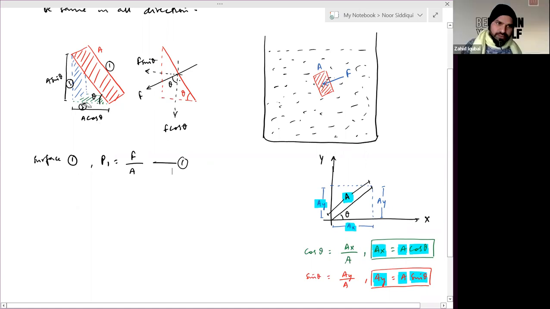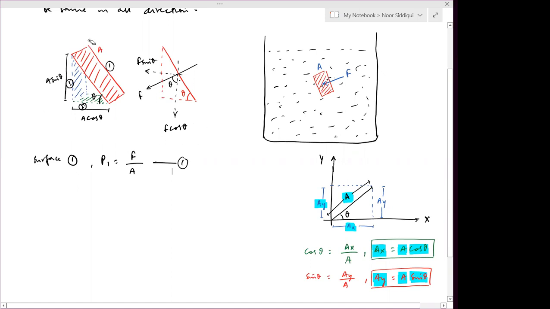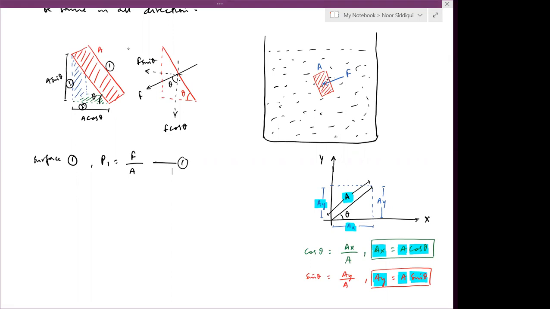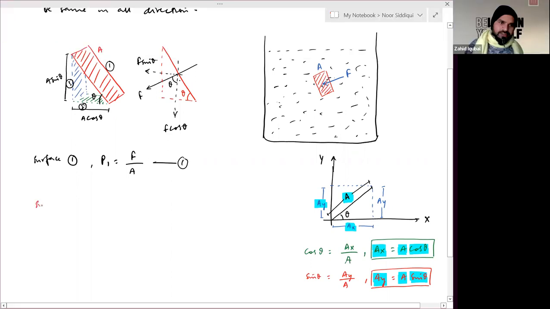Now for surface 2, that is this surface, we have area as A cos theta, and the force acting on that surface is F cos theta. Is it clear? Yes, sir. So for surface 2, pressure equals force divided by area of cross section.